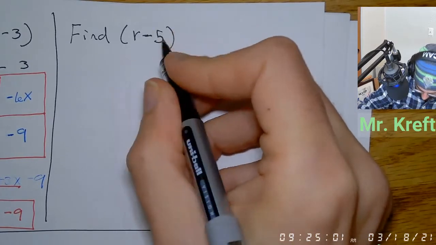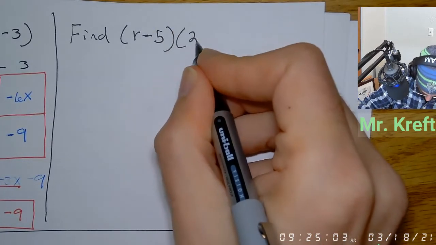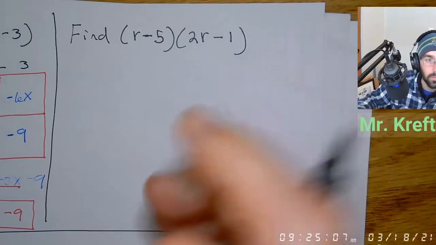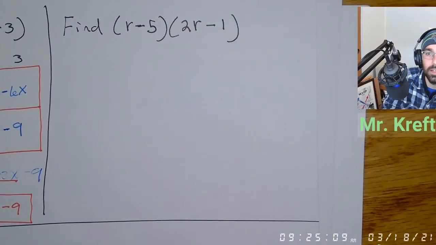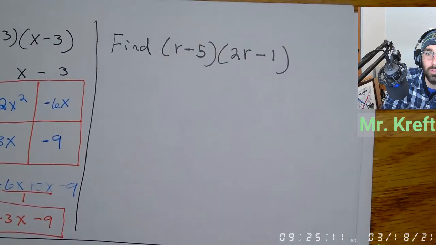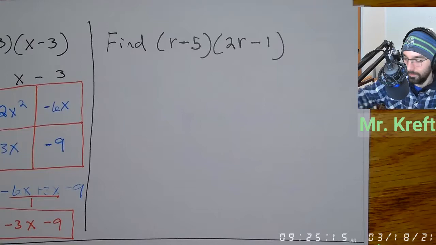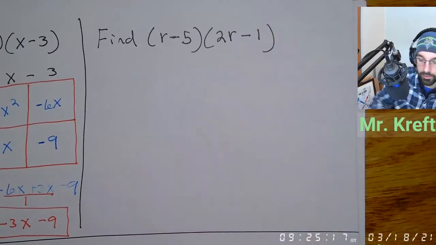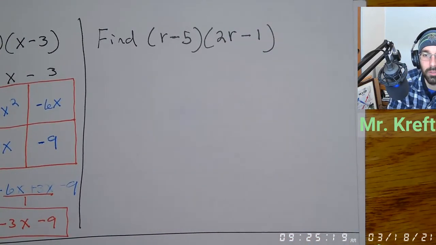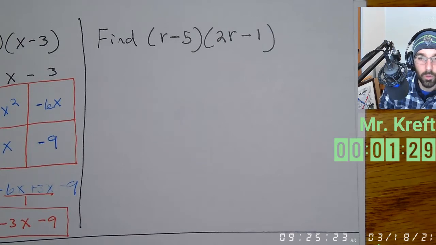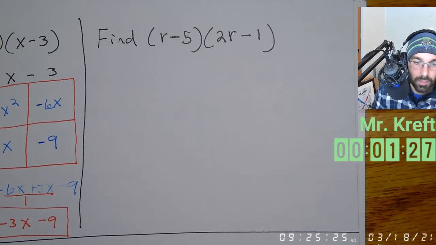And yes, my R's look bad, but that's an R. Okay, so go ahead and find that one. Oops, sorry, I have to let someone in. Okay, so you guys are trying this one on your own. Here, I'm going to put up a clock. So let's try that one on our own, guys.